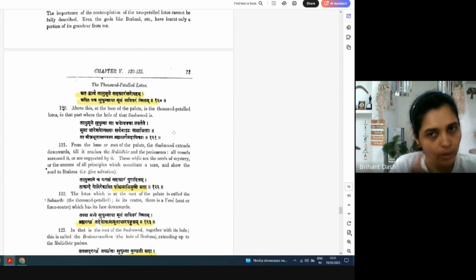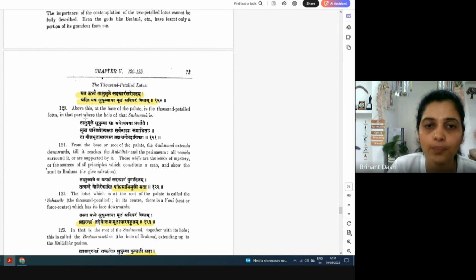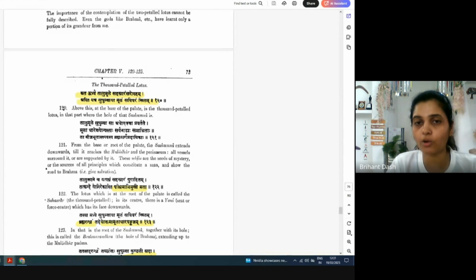There, above the Brahmarandra, lies the 1,000-petal lotus, which is Sahasrar, and it is the part where the whole of Shushmana Vivaram. We need to remember Shushmana Vivaram. Shushmana is along with your spinal cord, also reaches from the back side, and from the present location, you see the Talu Mool. Above that hole is your Kapalaguharam.